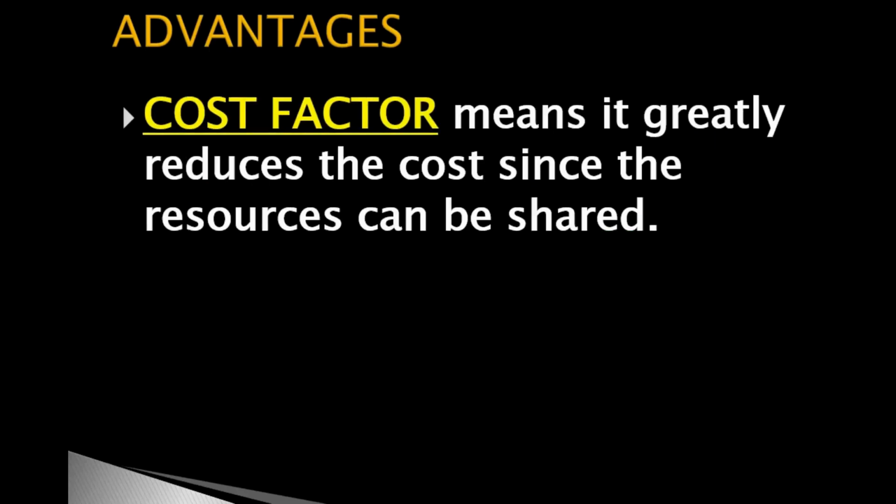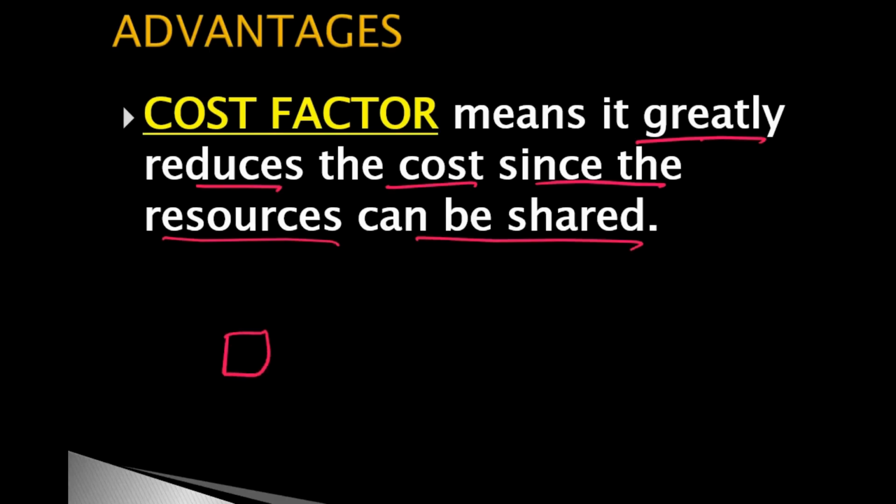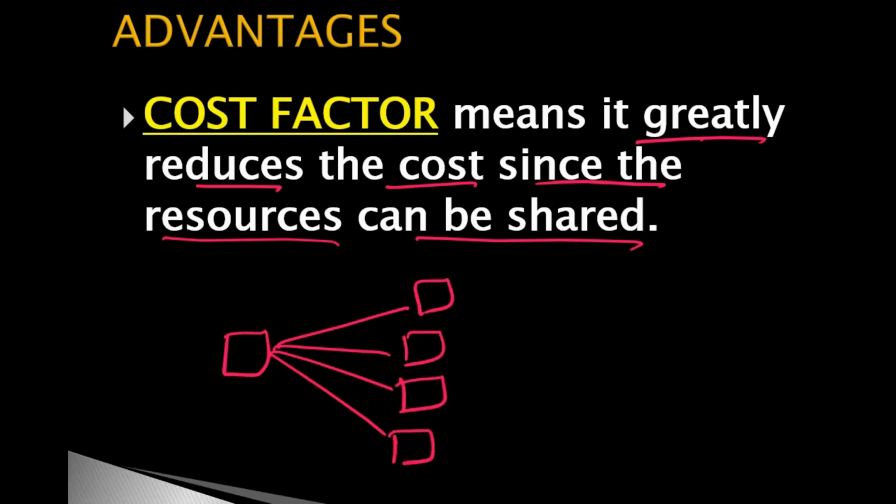The next advantage is the cost factor. It greatly reduces the cost since the data, that means the resources, can be shared. For example, if I have my computer and I share my email addresses for my online meeting with all the other computers available on the network, I can do this within a fraction of time, and it helps me reduce the cost of using the network.